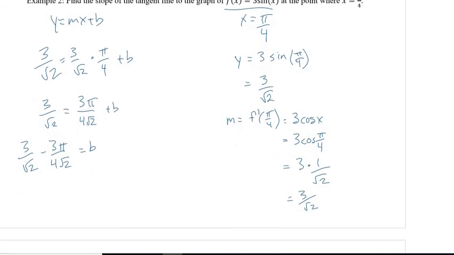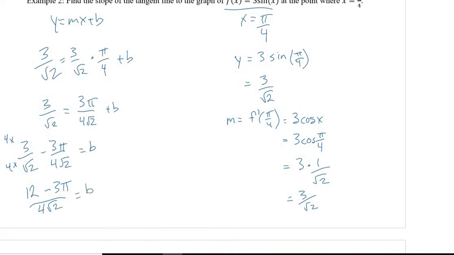Just to help us out, let's get them over the same denominator. So we're going to take the first fraction and multiply it by 4 up top and on the bottom, so that way they're both over 4 root 2. So that's going to become 12 minus 3 pi all over 4 root 2. That's equal to b.